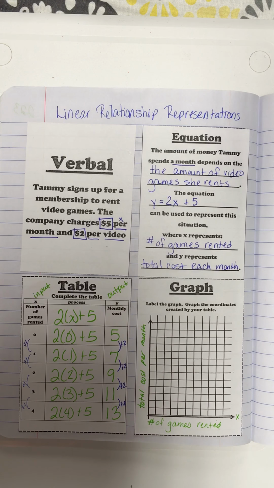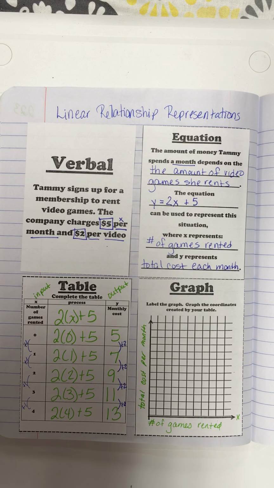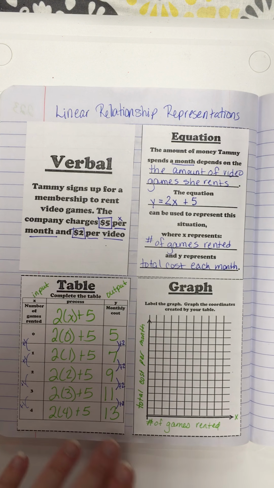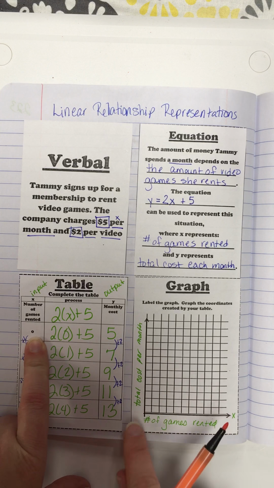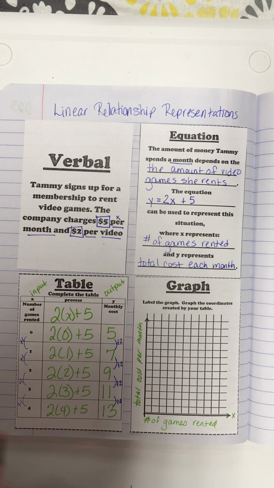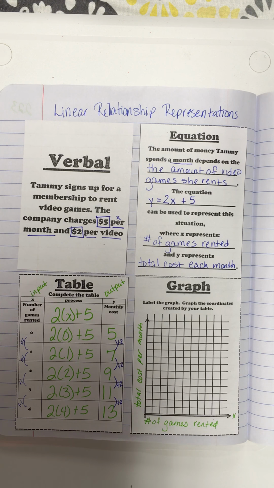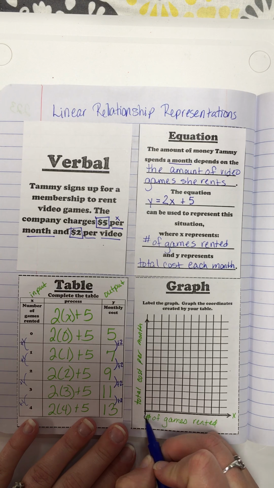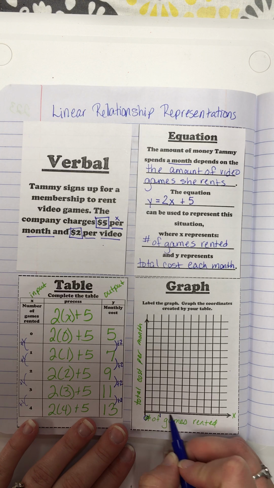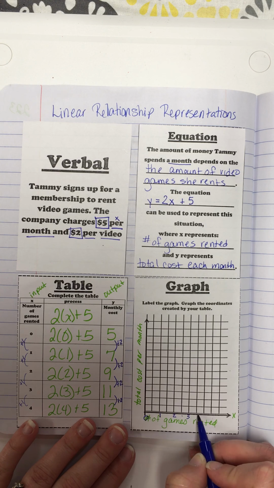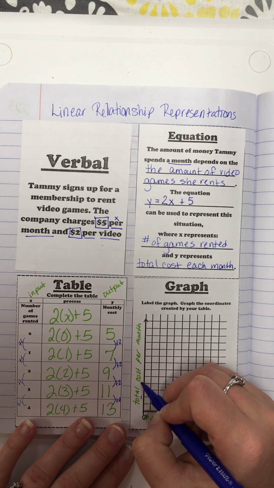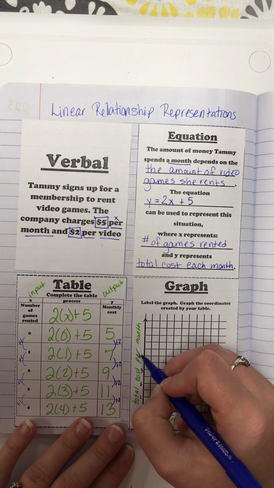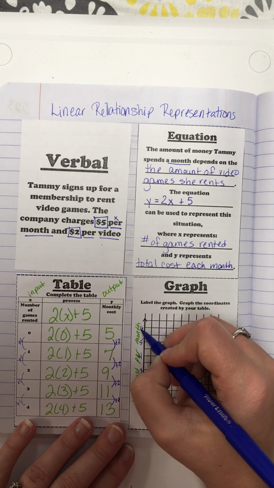Okay, so even if you forget that x goes first and y goes second, number of games rented is on the bottom. So when my number of games rented was 0, let's go ahead and put our points on here, and we're going to skip 1 in between just because we have enough space. So skip 1, this would be 1, 2, 3, 4, 5. Same thing on the other side, 1, 2, 3, 4, 5, 6.